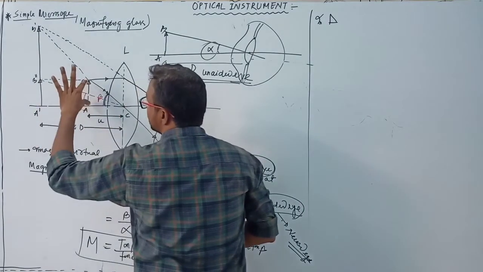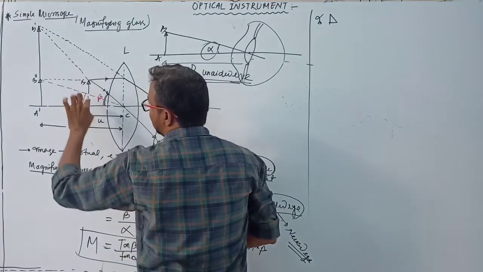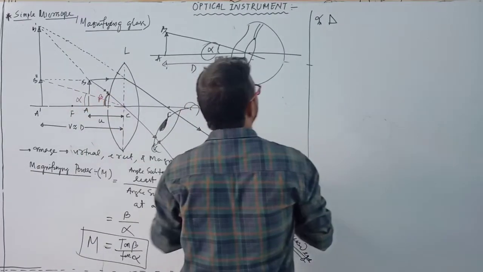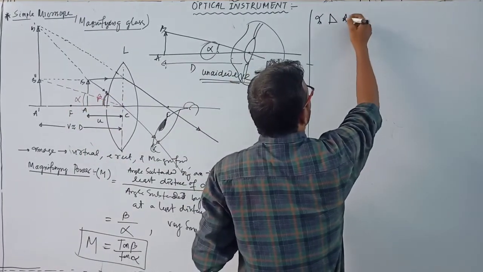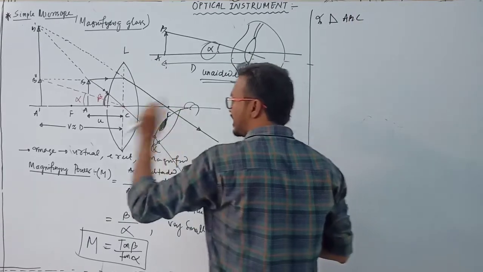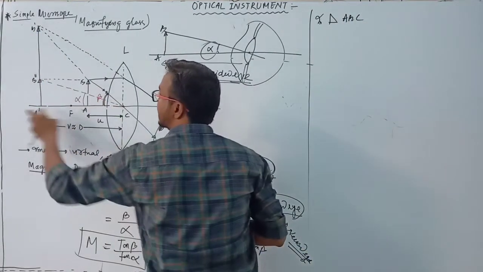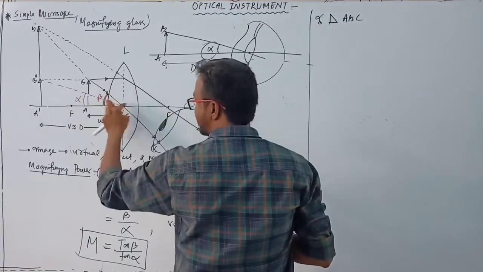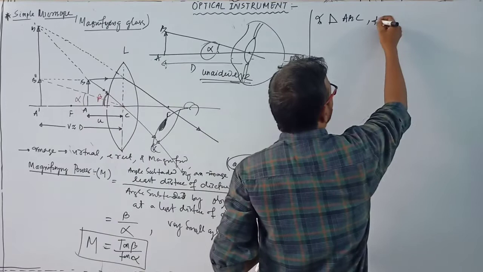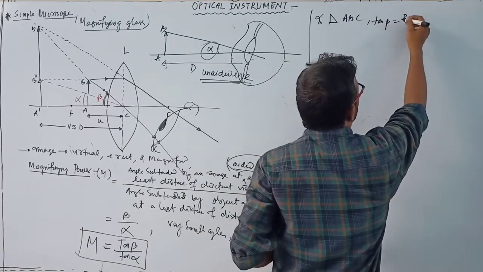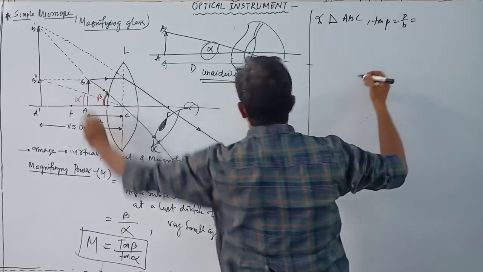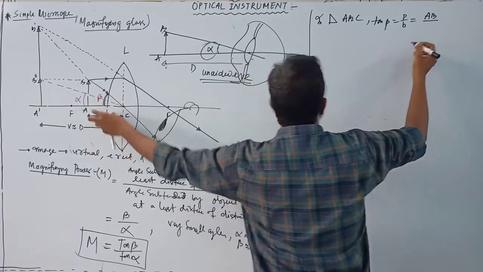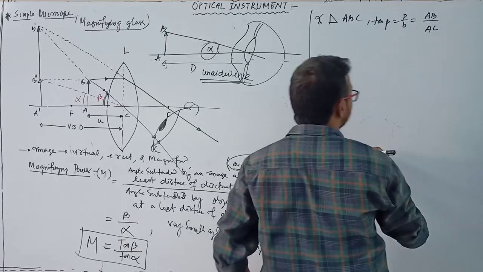So at that time we have to use this length, the angle A, B and C. In triangle ABC, or you can also use triangle A dash B dash C. This angle is common, so you can write triangle ABC here. That is tan beta equal to perpendicular upon base. Here the perpendicular is AB, so you can write AB divided by base, which is AC.